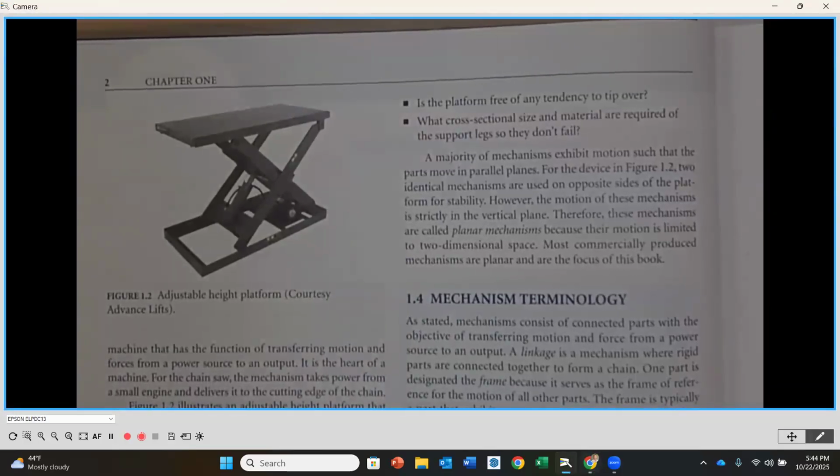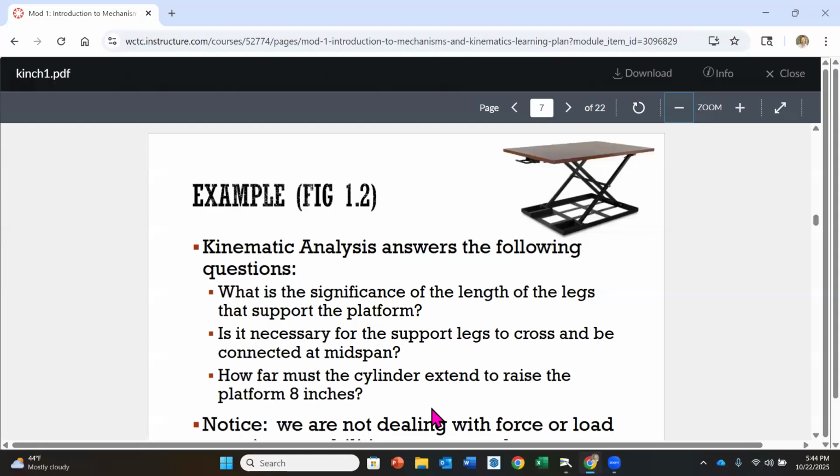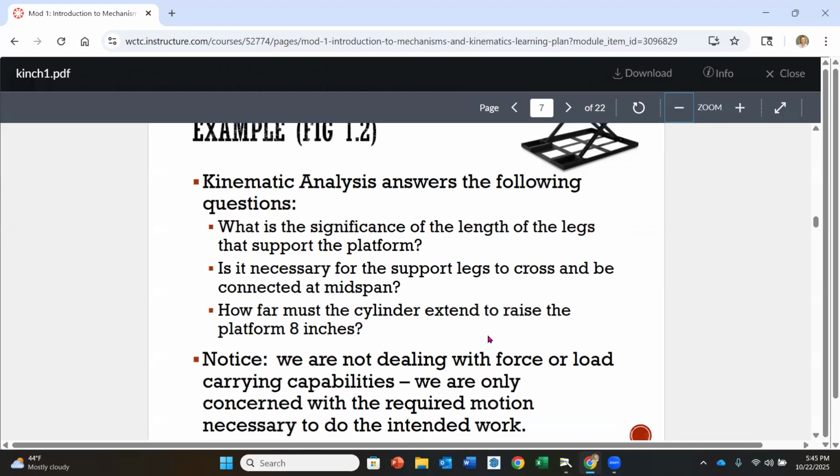And basically the question here is, how far must that cylinder extend to raise the platform 8 inches, okay? So raising it 8 inches vertically, how much stroke do we need on that cylinder to achieve that? Okay, so those are the types of questions that kinematic analysis would be interested in.